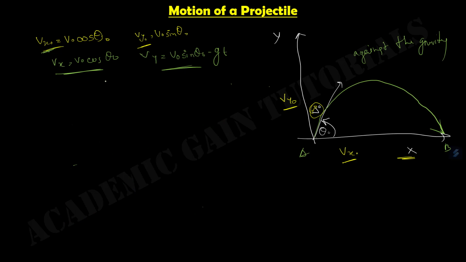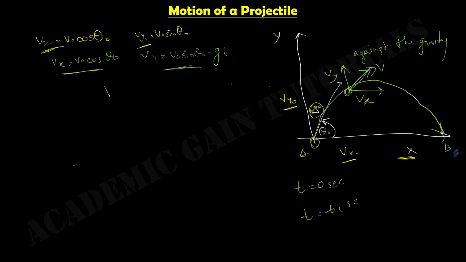So if I want to find out the actual velocity after t seconds: at t equals 0 seconds, the body is at that point. After t equals t1 seconds, suppose the body is now at that point, and there we find the component along the x-axis and the component along the y-axis. If I want to find the actual velocity v, it is easy.